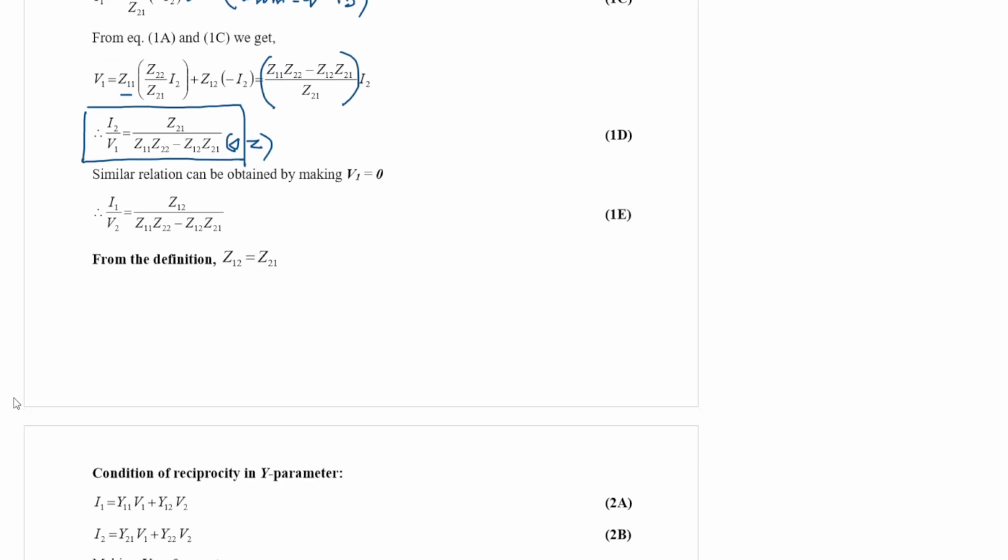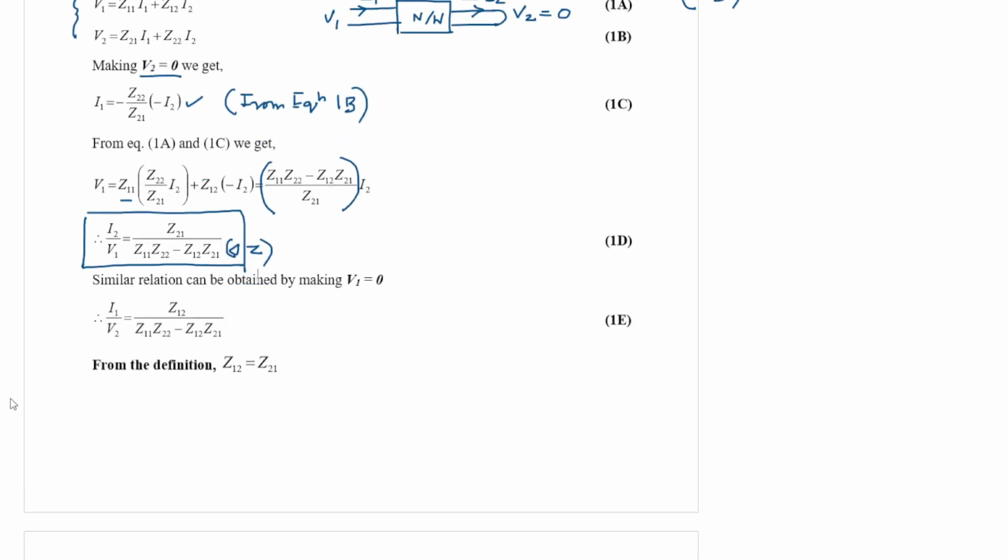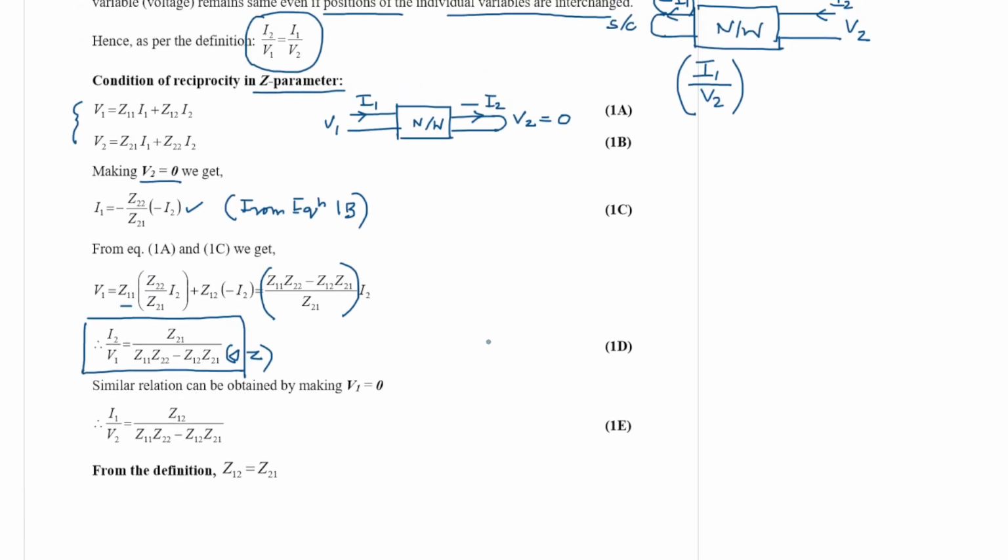Now if you conduct a similar approach from the other side, that means we have the same network, now you are exciting it from the output side, that means V2, injecting some current I2, and we are making the input side shorted, so V1 becomes 0.